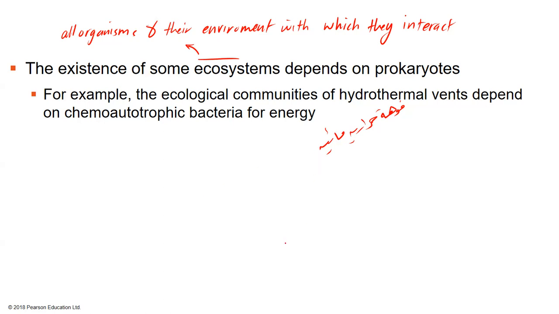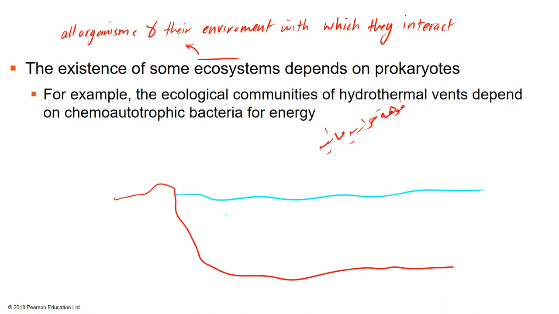So these are, let's say, you have, for example, Earth, and then you have an ocean, let's say, or sea. So this is the ocean or sea, and in the bottom of the oceans, there will be some fissures, okay.